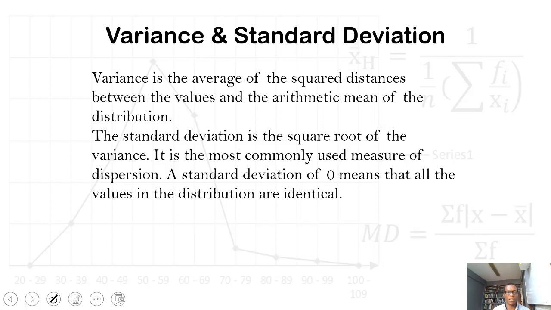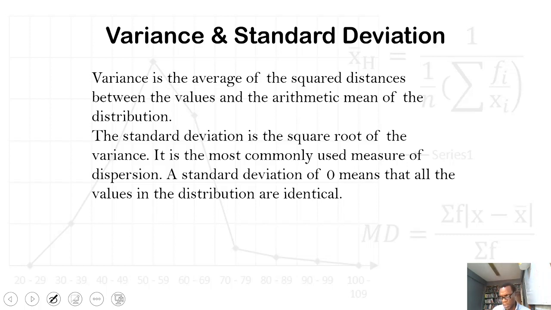Now we will move on to the variance and standard deviation. The variance is the average of the square distances between the values and the arithmetic mean of the distribution. The standard deviation is the square root of the variance.